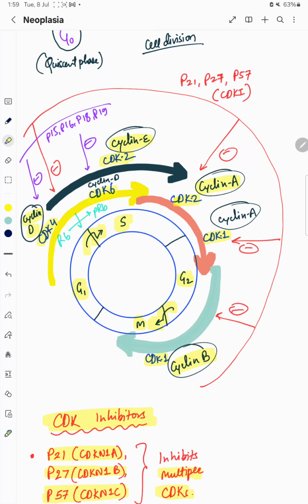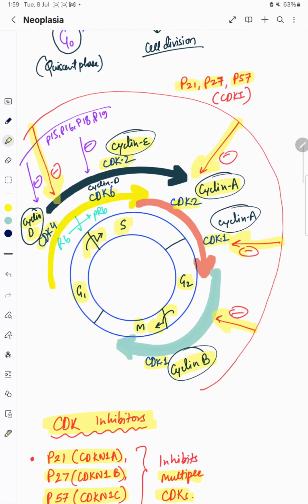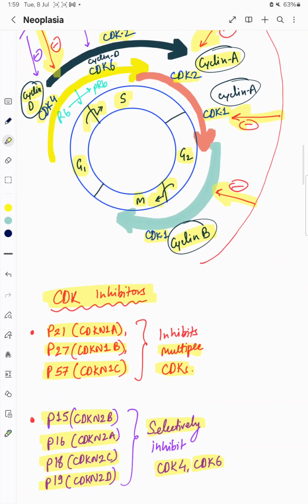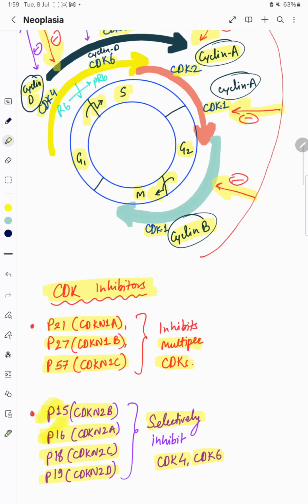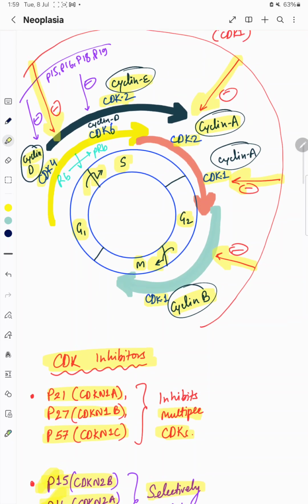As we have discussed, there are two categories of CDK inhibitors. One is broad inhibitors like P21, P27 and P57. They inhibit all the cyclin dependent kinases. And a selective category of cell cycle inhibitors, namely P15, P16, P18, P19, selectively inhibit only CDK4 and CDK6.